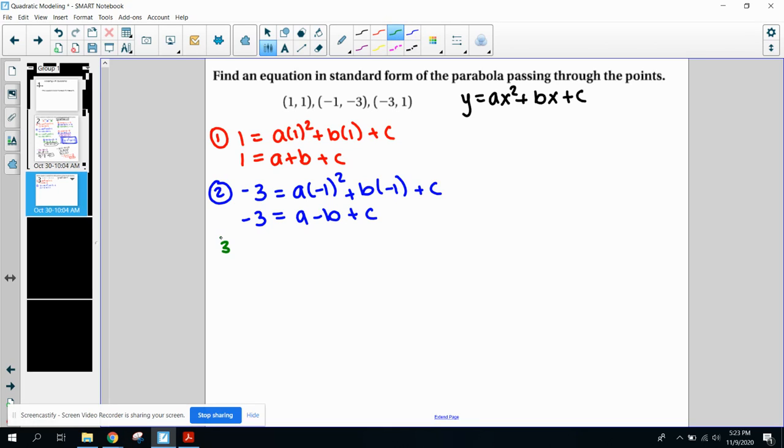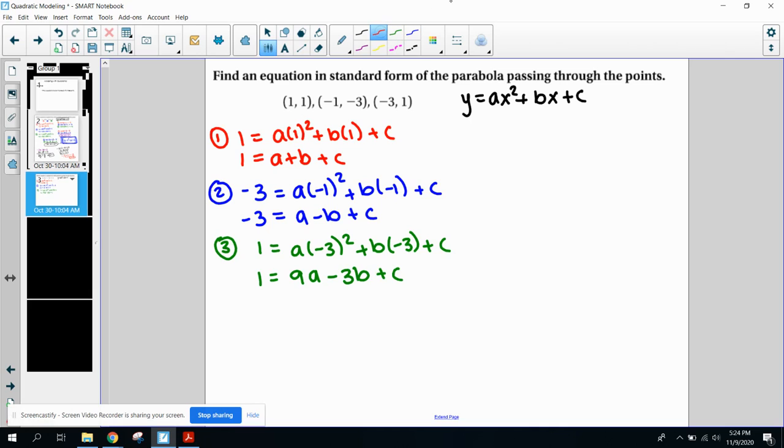And then for my third equation, I'm going to use my third point. So I'll plug in 1 for y, and then I'll plug in negative 3 for x. So plus b times negative 3 plus c. Cleaning it up a little bit, we get 9a minus 3b plus c.